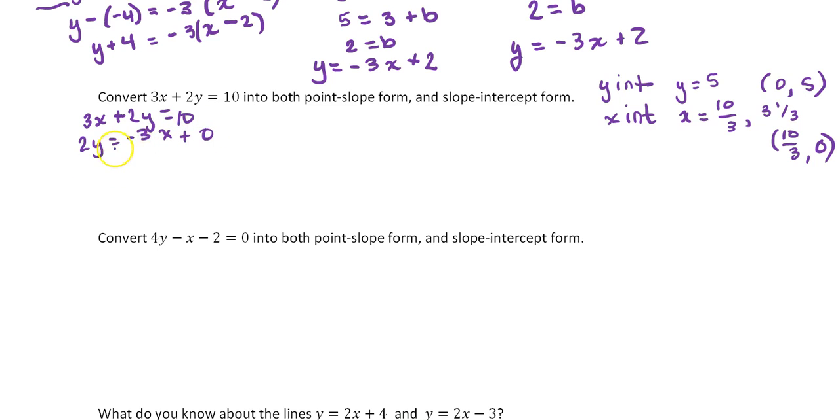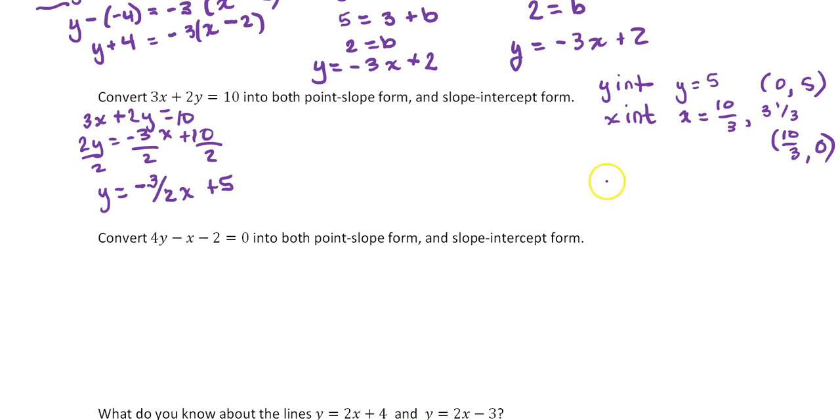And if I divide everything by 2, I wind up with y equals negative 3/2, or negative 1 and 1/2, whichever way you care to write it, x plus 5. If you take a look, there's my y-intercept as well. Okay? So this and this confirm each other.